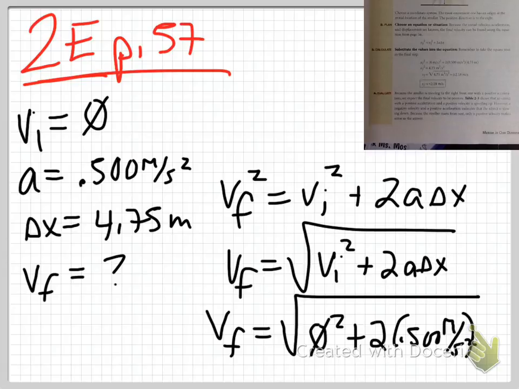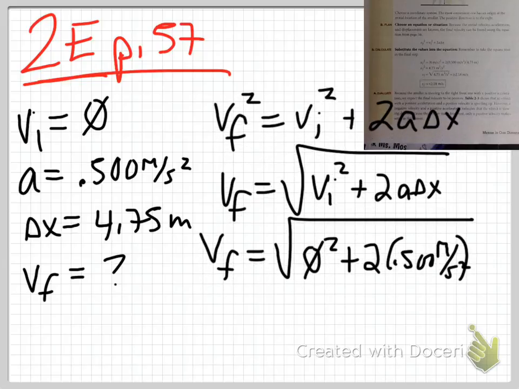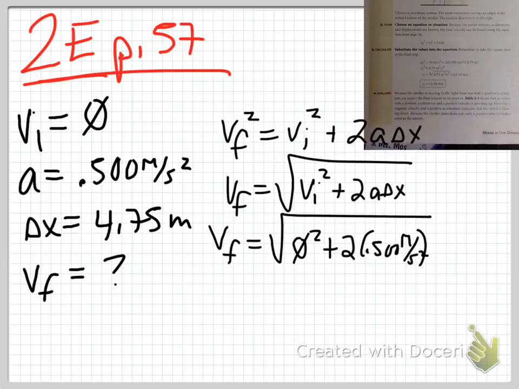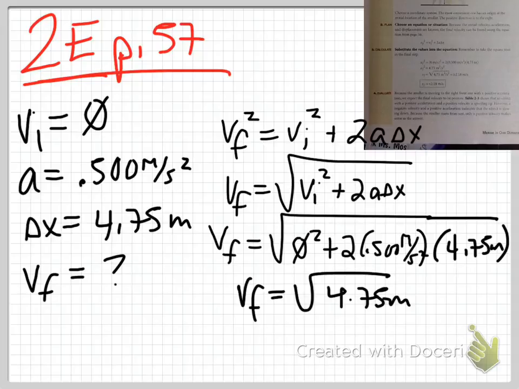Times 4.75 meters. So let's see what we get as our raw answer. First we get 4.75 because it's half a meter per second squared acceleration.